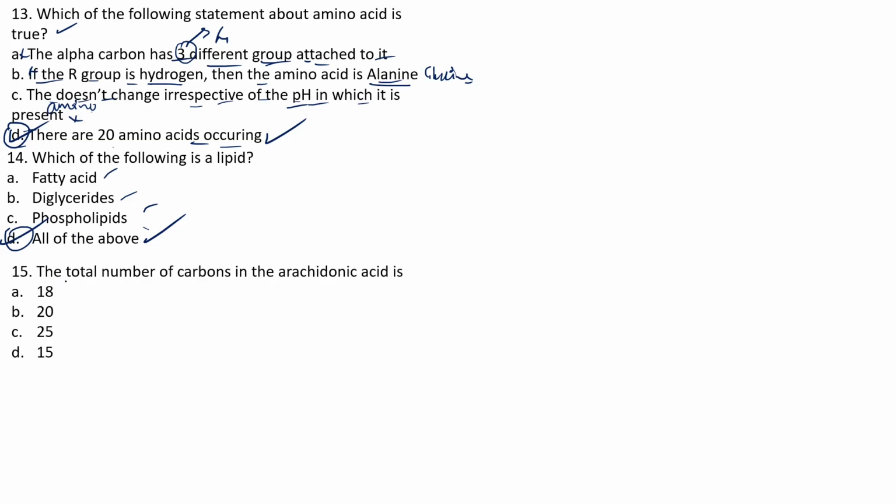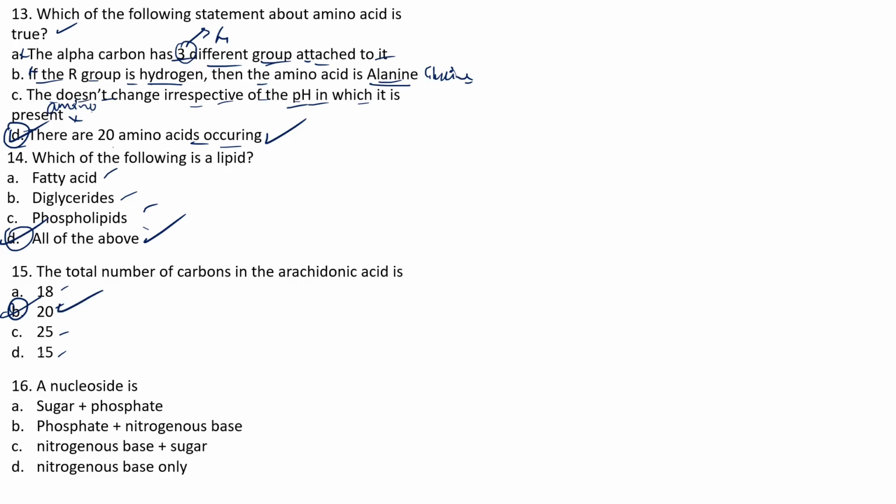Now moving on: the total number of carbons in arachidonic acid is 18, 20, 25, 15. We know in the case of palmitic acid it is 16, and in the case of arachidonic acid it is 20. Hence B is going to be our right answer. The next question: a nucleoside is sugar plus phosphate, phosphate plus nitrogenous base, nitrogenous base plus sugar, or nitrogenous base only.